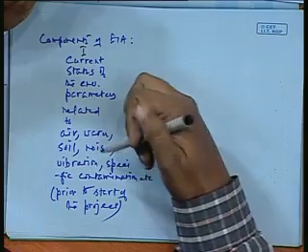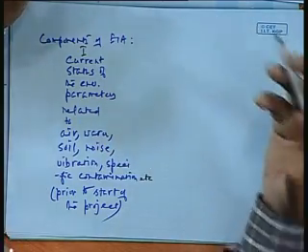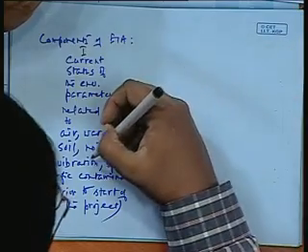Related to soil, the typical soil parameters: soil acidity, soil organic matter, soil texture, structure. And noise: what is the ambient noise, what is the background noise.